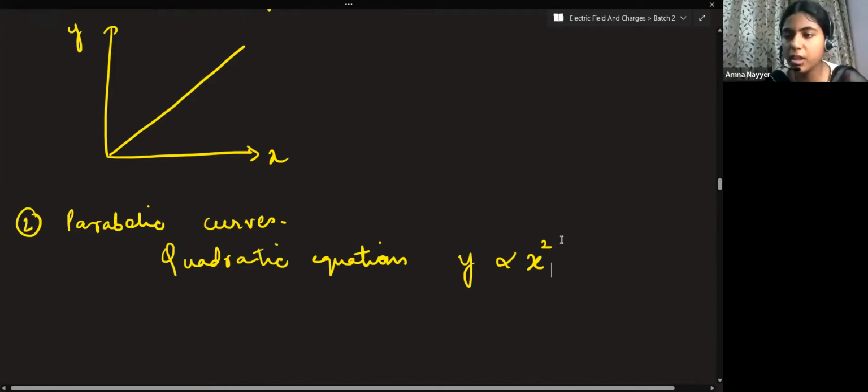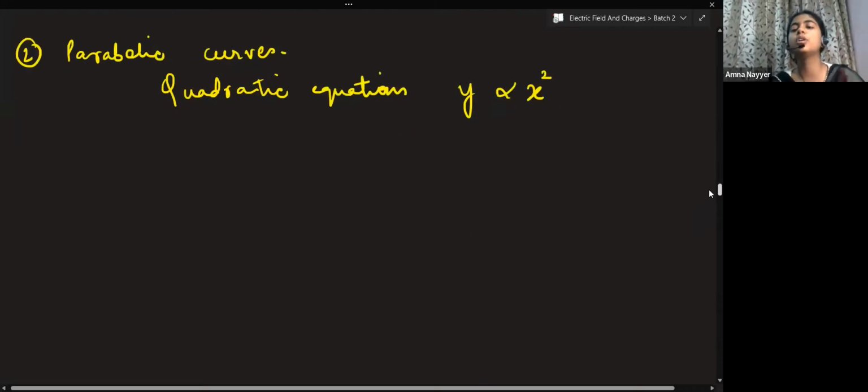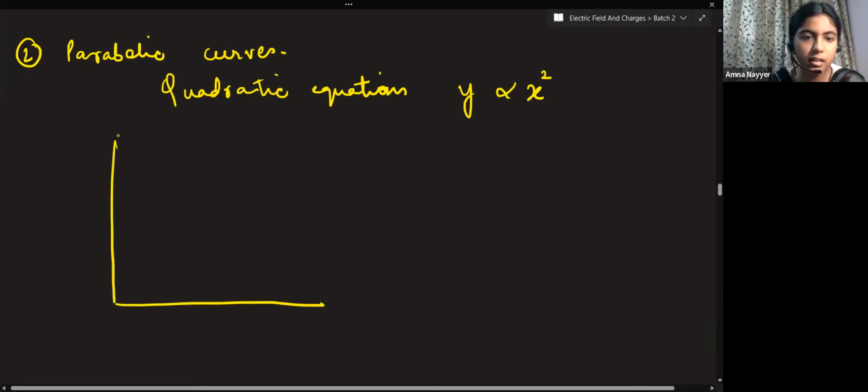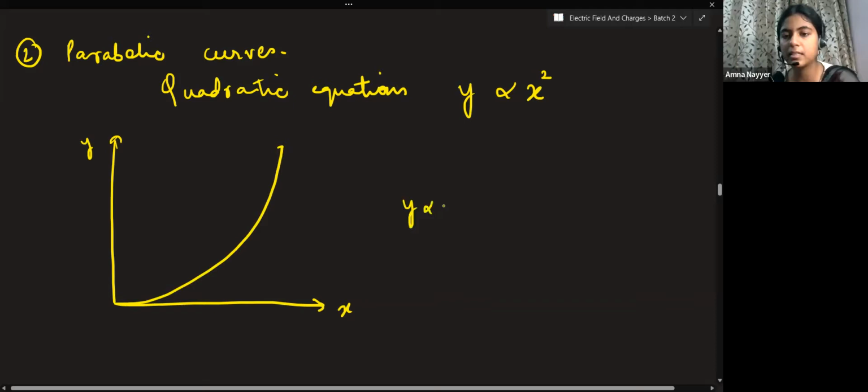So wherever any quantity is proportional to other quantity with power 2, you get the parabolic curve. And parabolic curves are represented like this. If y and x are given, this is how you represent a parabola, where y is proportional to square of x.